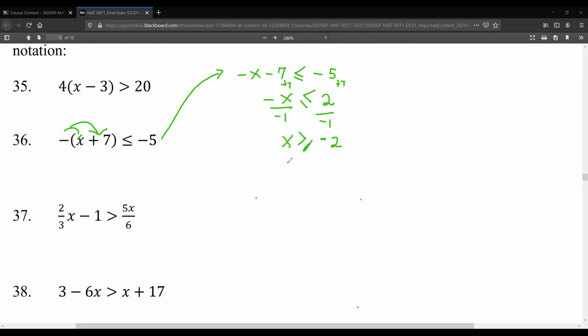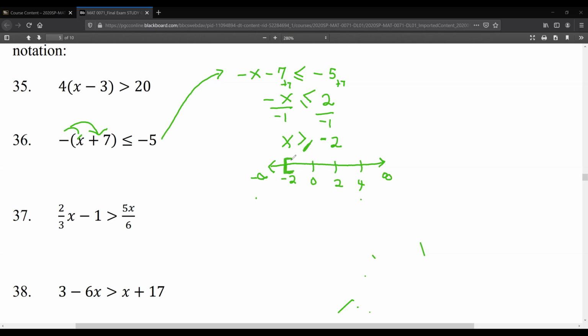So when we graph this, this is negative infinity here, and this goes to infinity. So maybe this is -2, this is 0, this is 2, this is 4. The endpoint here is going to look like a bracket.